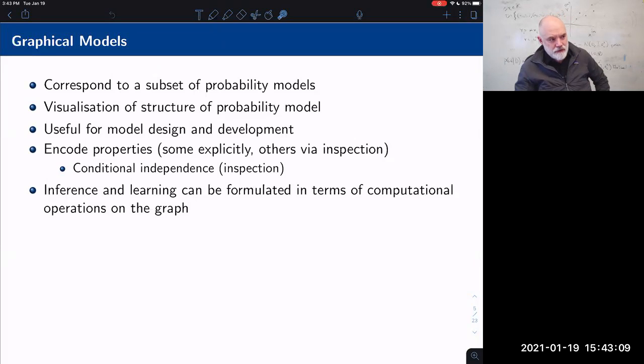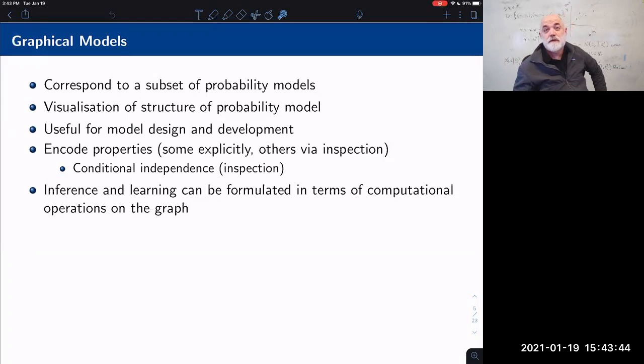If you haven't thought in such a language, it'll take a little bit to develop it, but it's the kind of thing that we use to communicate amongst ourselves all the time. We will develop the language of probabilistic programming that is more expressive in a formal sense later on, but it's a way to communicate about modeling assumptions. For that reason, it's useful for model design and development.